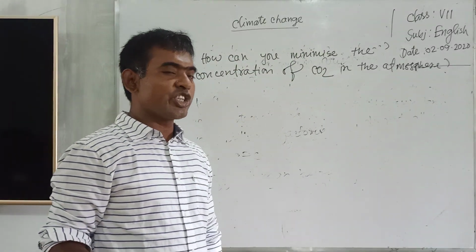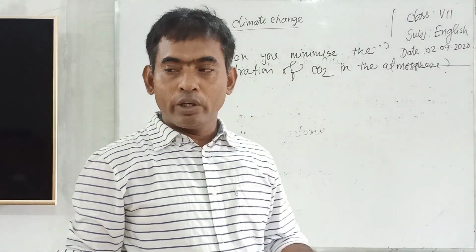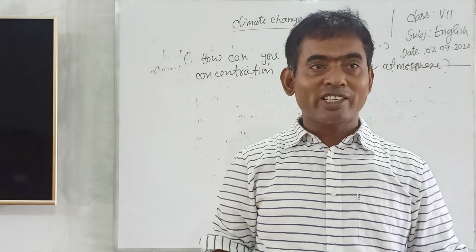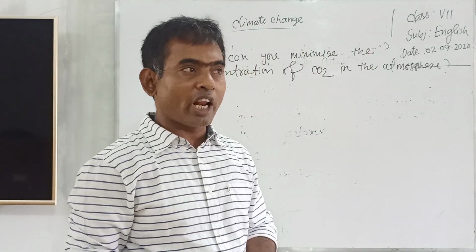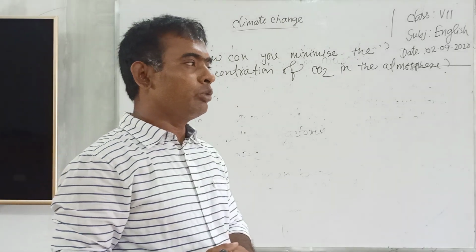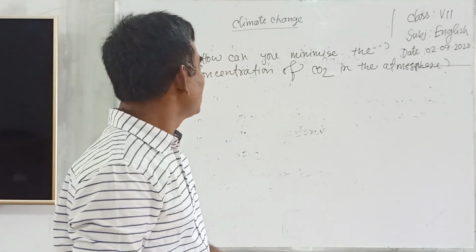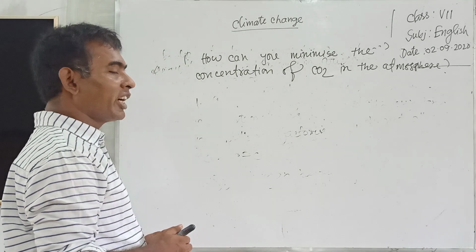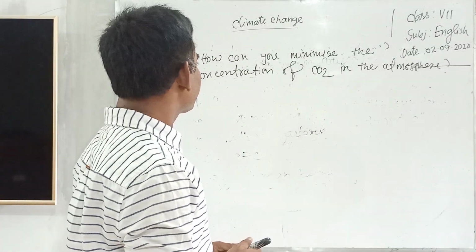Students, notice here, we have already discussed in our passage what the causes of climate change are, and now it's for you to say how you can minimize the concentration of carbon dioxide in the atmosphere.